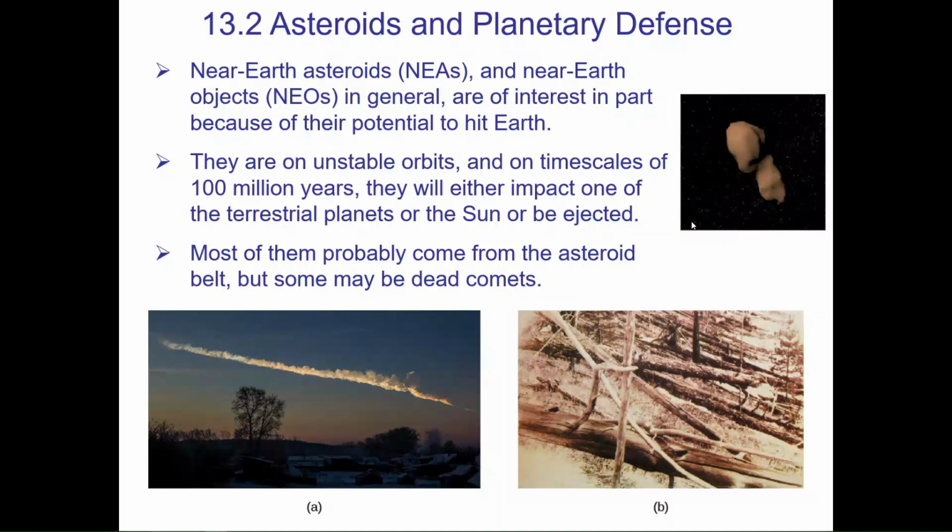Some of their orbits are not very stable. Actually, if we look at the history of the Earth, we did have a big asteroid collide with the surface of Earth. If you still remember, in the chapter when we talked about the Earth and how its surface was shaped by asteroids, there was a big impact 65 million years ago that wiped out the dinosaurs. It was from a big asteroid, 12 kilometers wide.